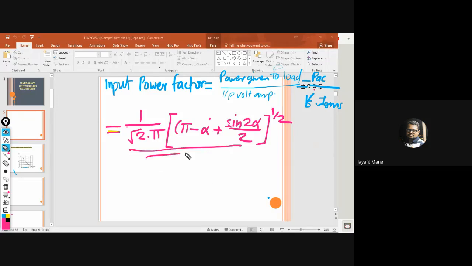Okay, so this is the performance parameter of half wave controlled rectifier.